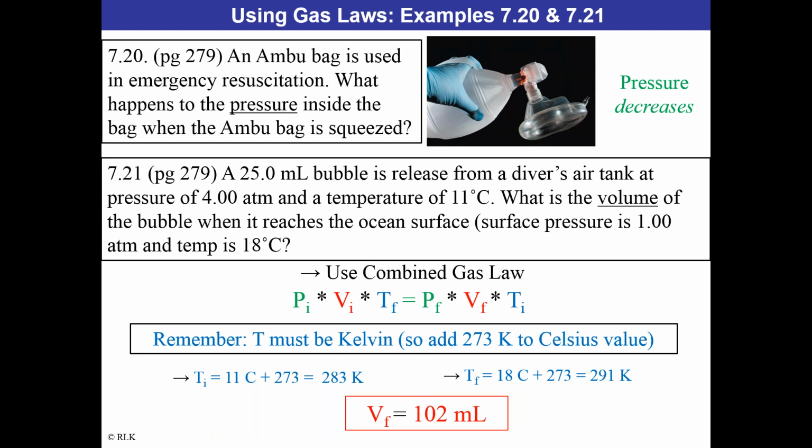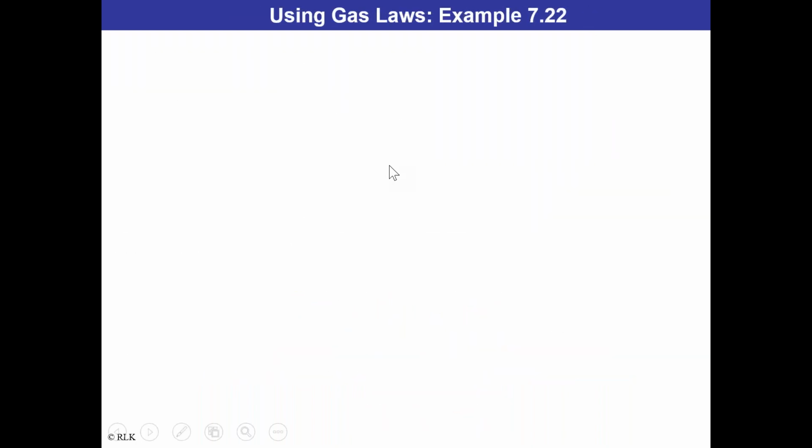Whenever the diver breathes out, a bubble from the regulator is produced, and they're breathing from that cylinder at a pressure equivalent of 4 atmospheres, below normal sea level, where it's at 1 atm. Obviously, that bubble is going to rise to the surface, and it's going to get bigger as it does so. So this is a great example of using the combined gas law and making those conversions in the temperature and arriving at the proper answer.